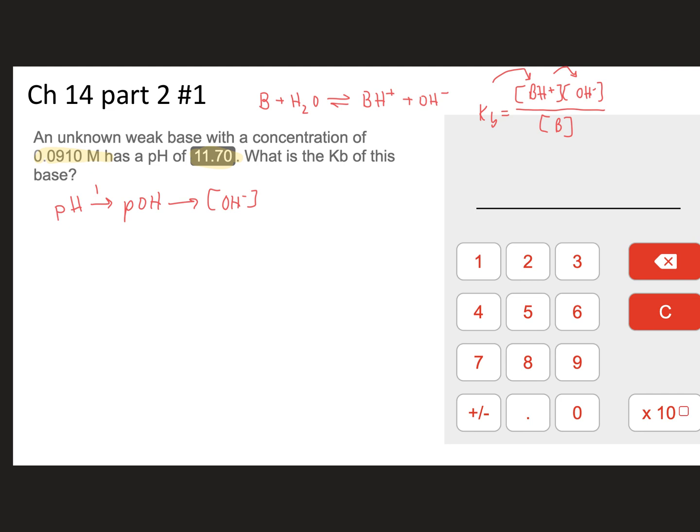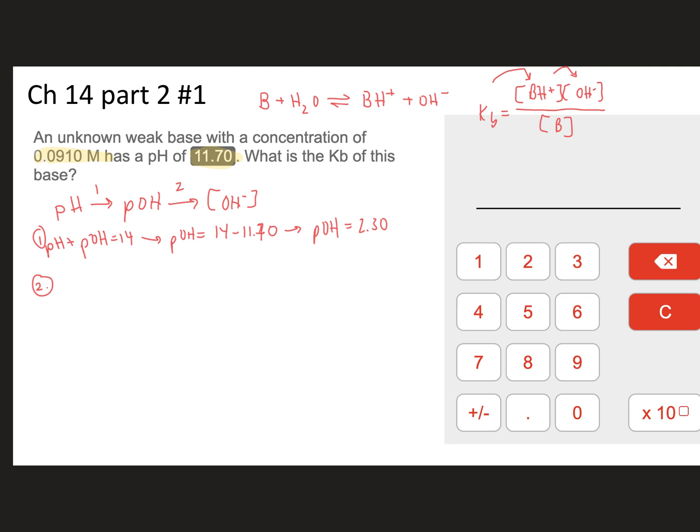So the first calculation, we know pH plus pOH equals 14. That means the pOH of this solution equals 14 minus 11.7, so my pOH equals something like 2.3.